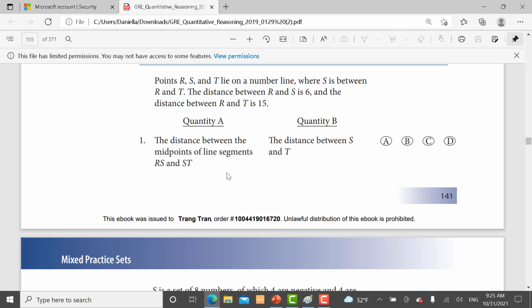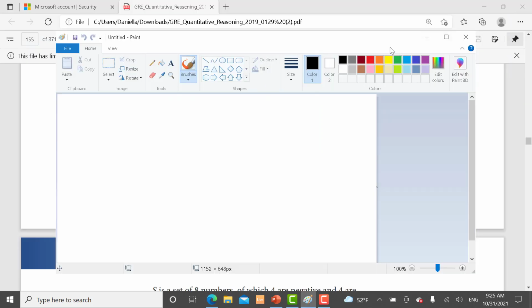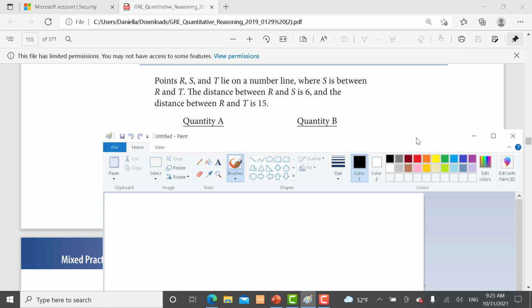In order to compare them, I need to make a diagram, because without a diagram you cannot compare these things. First of all, you have to make the number line. My drawing is really bad. Points R, S, and T lie on the number line, where S is between R and T, so I have R and T first.